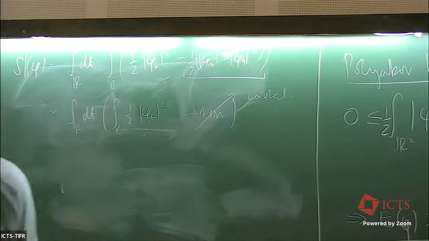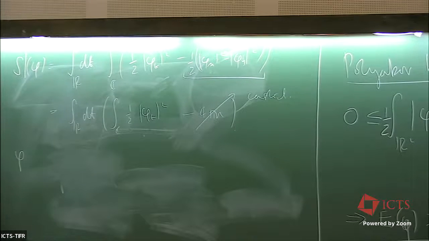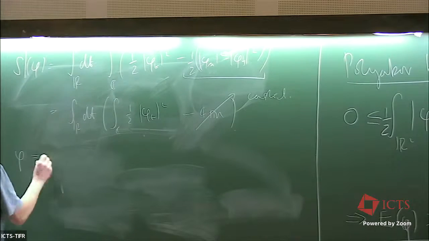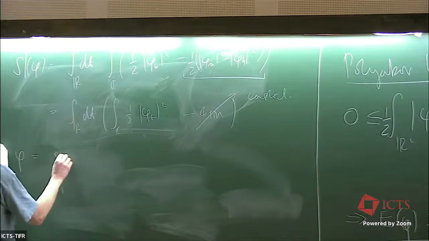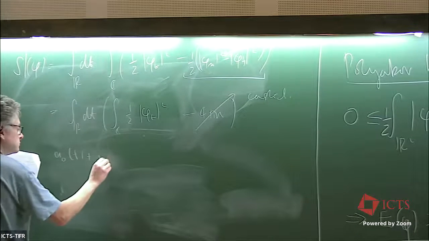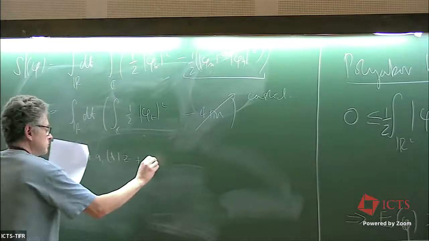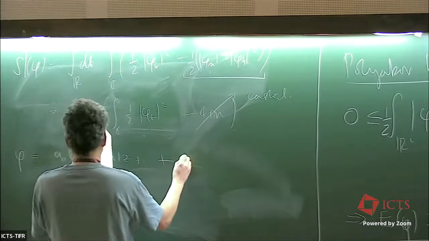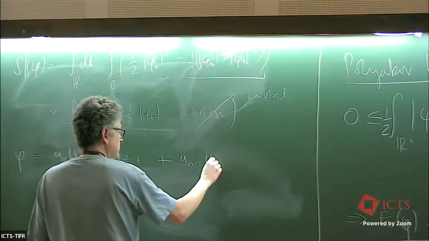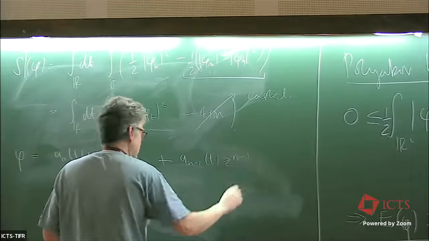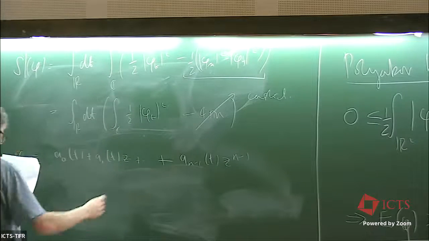Okay, so our new variational problem is we're going to take our field phi, which, remember, we're assuming is of this form. So at each fixed time, it is a degree n rational map.